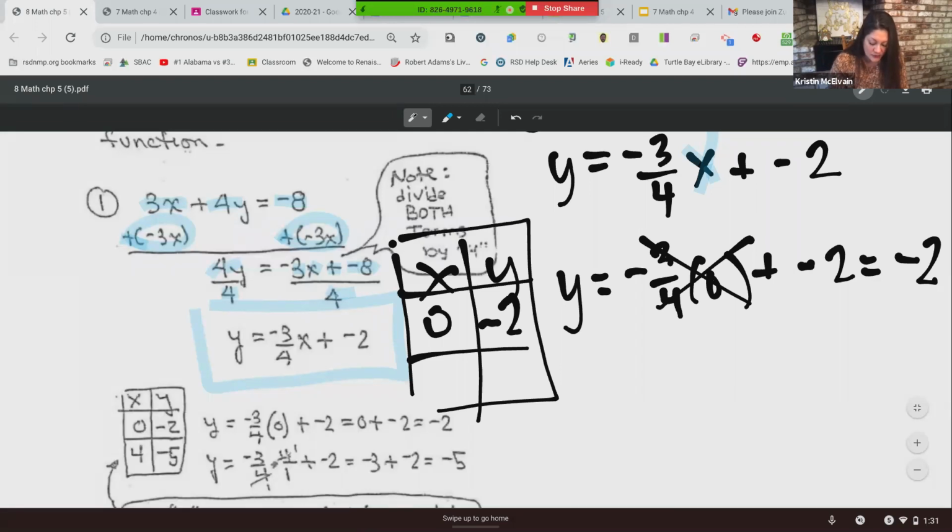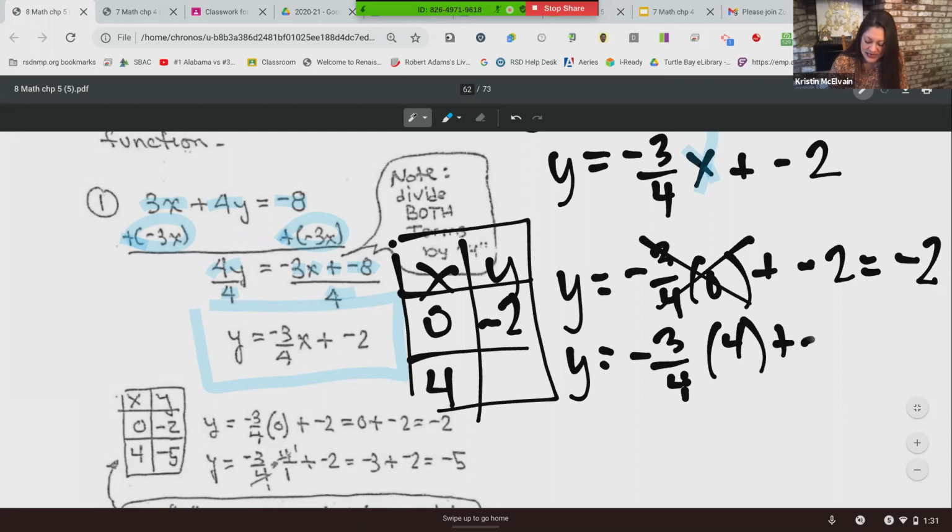Okay, so now we're going to try an input or an x value of 4. So y equals, and look at this, if you remember us doing this before, this is the denominator of the slope, so it will cancel out. So y equals -3/4 times 4 plus -2.